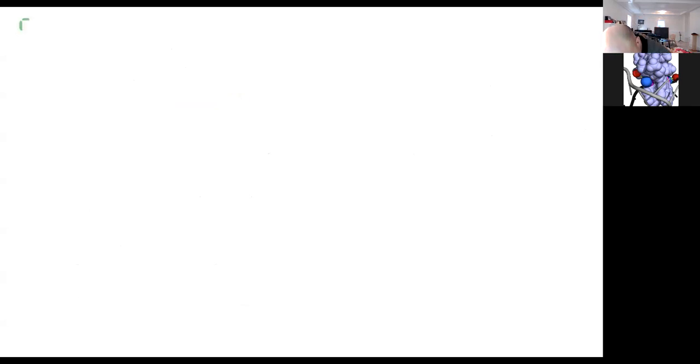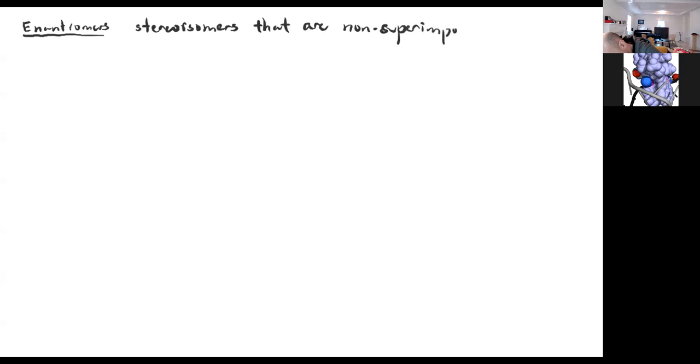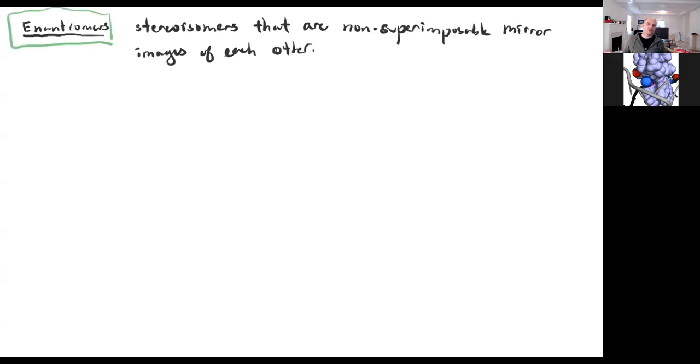And so enantiomers are defined as stereoisomers that are non-superimposable mirror images of each other. Okay, and so that's a mouthful. So let's unpack that for a second.